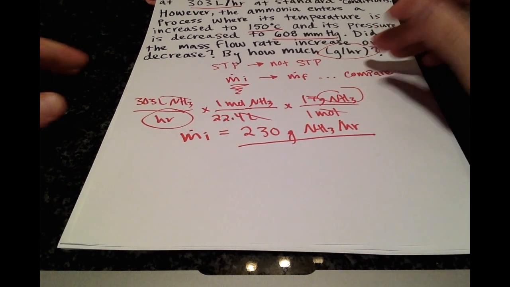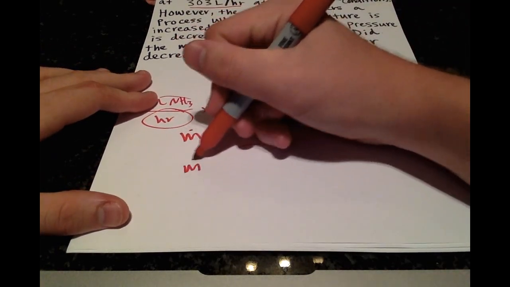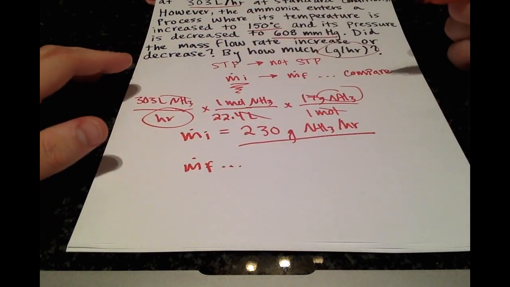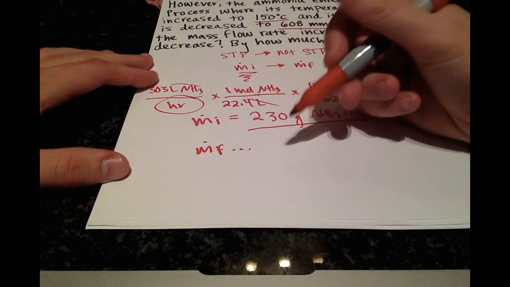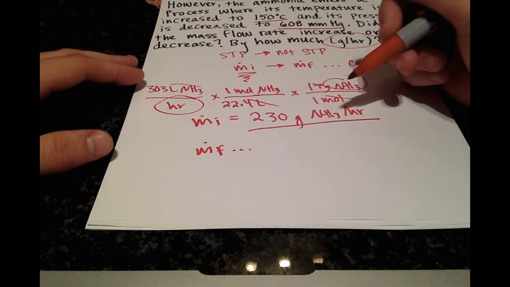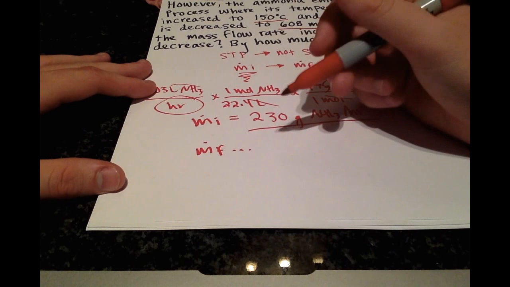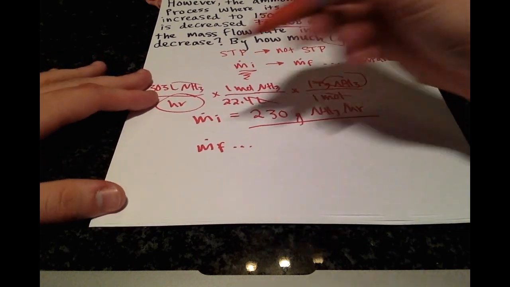All right, but what about the second part? We want to get our mass flow rate at conditions that are different from what we started with. What we have to do is combine our PV equals nRT equations, one for the standard conditions and one for not at standard conditions.